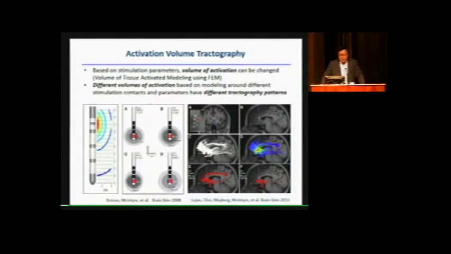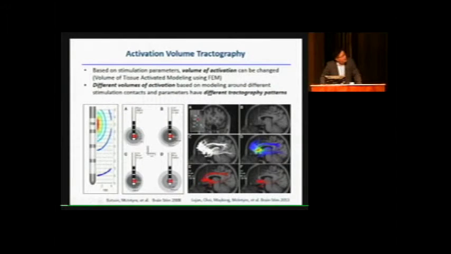To do that, we first have to model the volume of tissue activated. Probably many people know that, based on the stimulation parameters, we do FEM modeling. For instance, if you give 1 volt stimulation, this dark gray volume is activated. If you have 5 volt stimulation, this light gray bigger area can be stimulated.